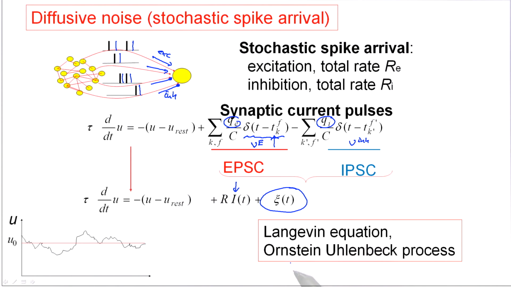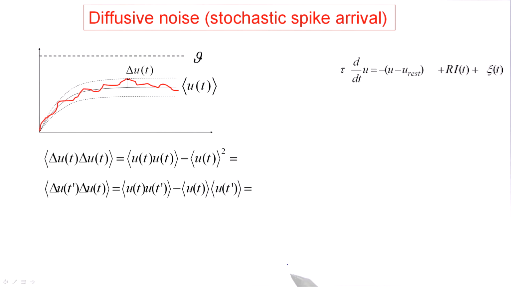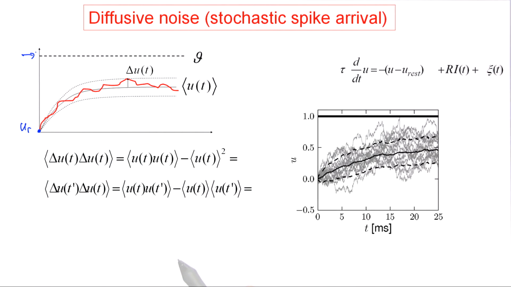Now normally in this Ornstein-Uhlenbeck process we don't have a threshold. A real integrate-and-fire model, however, does have a threshold. Suppose now that we simulate an integrate-and-fire model. After a spike, we start at a reset potential UR and we integrate up to the threshold theta. And we do this several times.